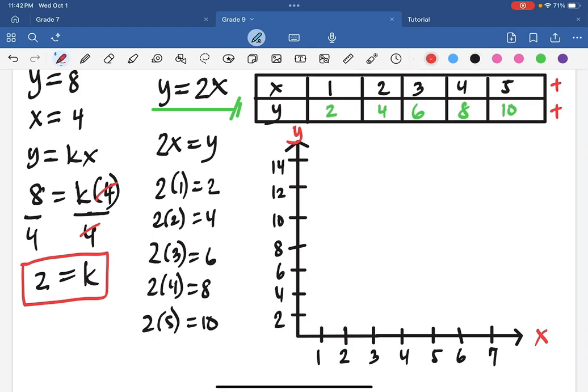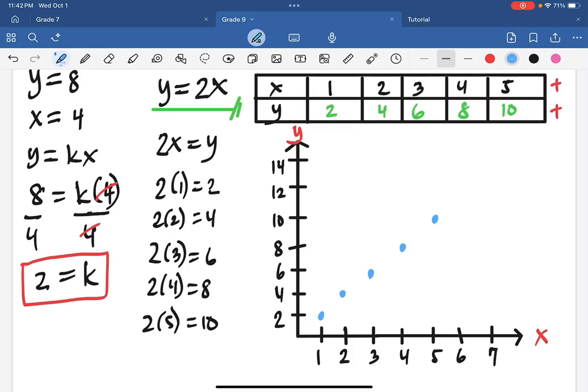First, we have here the 1 and 2. So let's plot accordingly. This is our 1, 2. And for 2, 4. 3, 6. 4, 8. And the last one would be 5, 10.